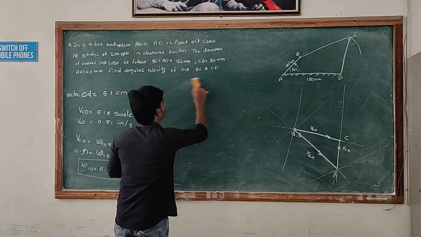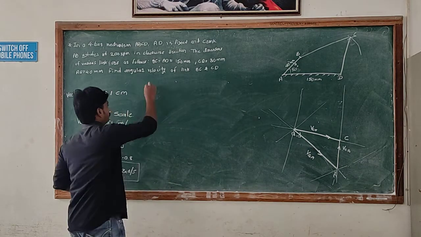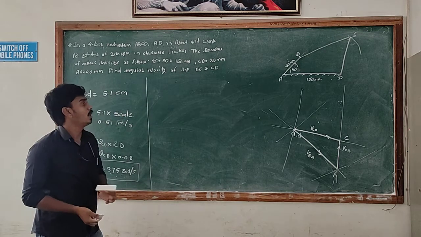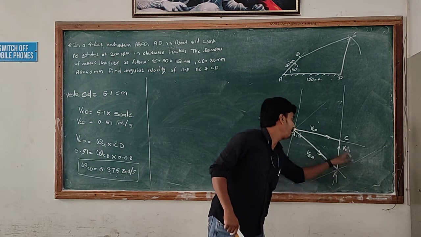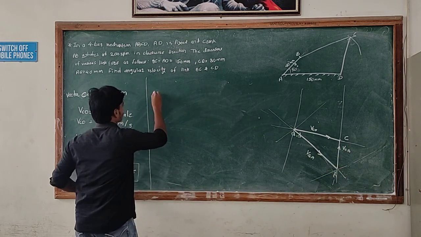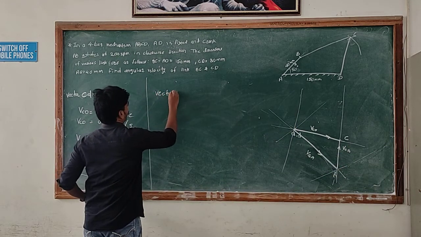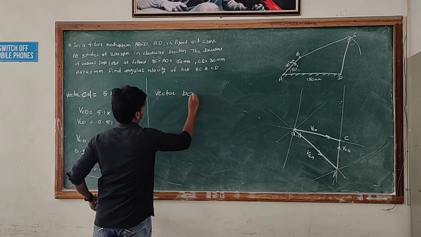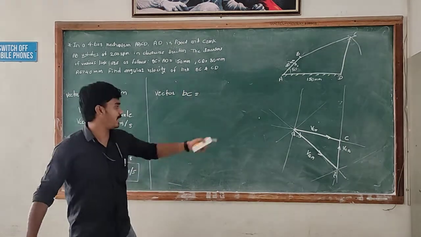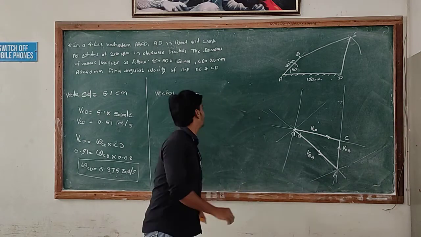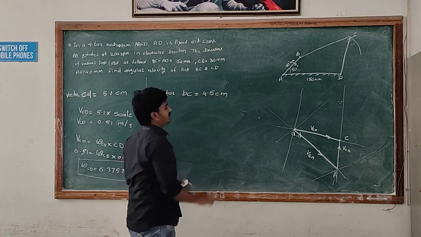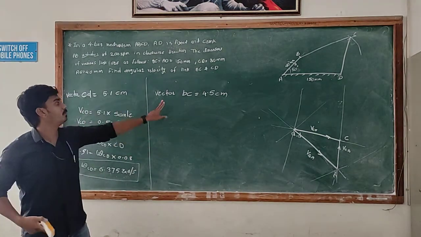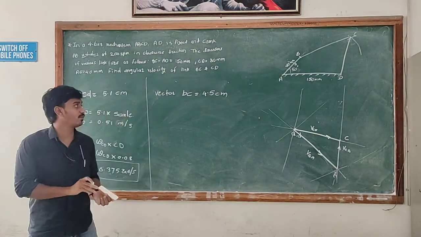Now measure the vector BC. If we measure this vector BC using the scale, it becomes 4.5 cm.